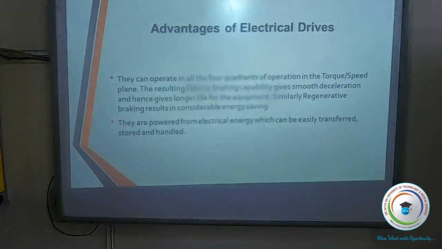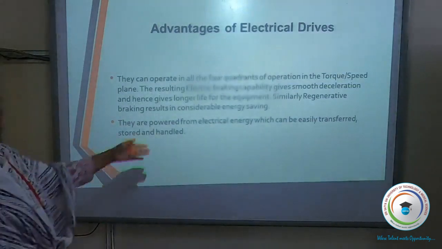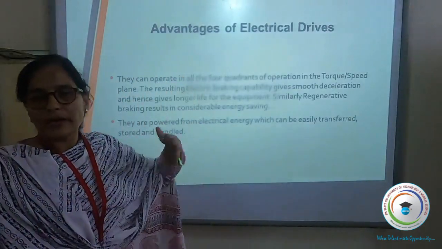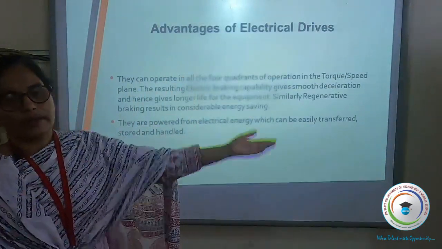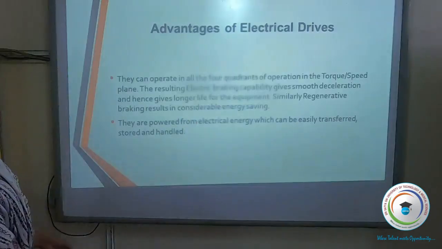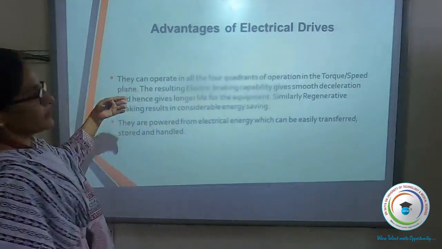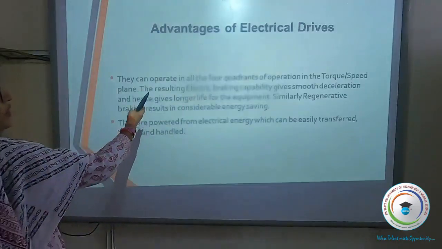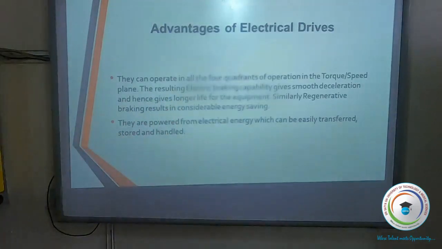Another advantage is they can operate in all the four quadrant operations. These four quadrant operations we will study in the next lecture. So the torque speed characteristics can be gained with the help of these four quadrant operations.